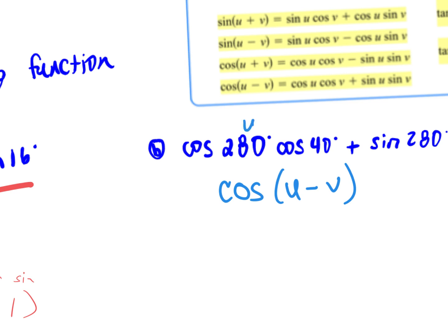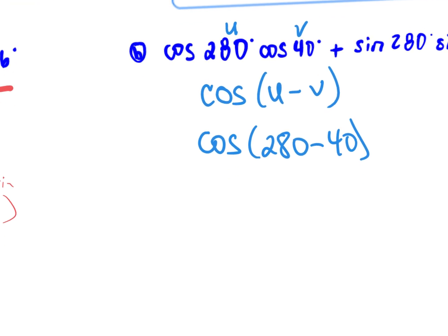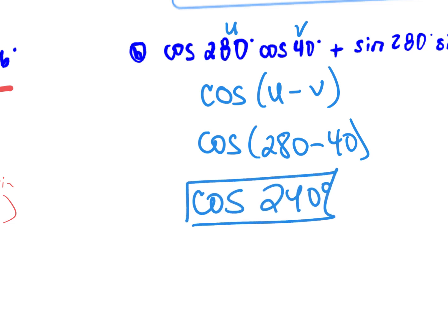This is your U. This is your V. So I'm going to rewrite it as the cosine of 280 minus 40. Do you see the work that I'm showing? That's what I'm expecting to see on your quiz. What's 280 minus 40? So cosine of 240, that is the first part of your answer. That's writing as one singular trig function.